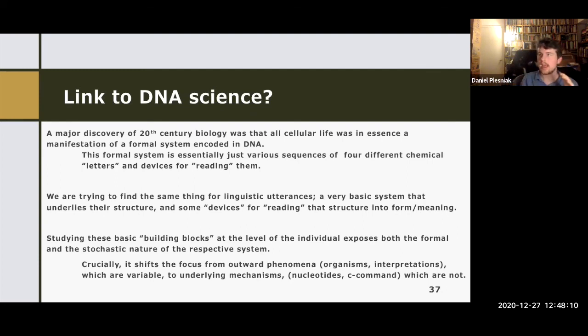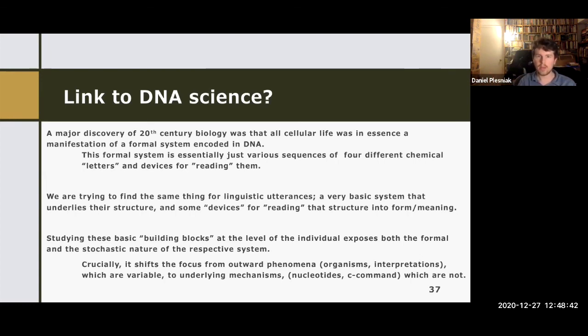And crucially, looking at, instead of the outward phenomena, the animals, the sentences, the interpretations, these very basic mechanisms, these structural, internal, external factors, or these nucleotides of DNA, C-command, that shifts our focus from this outward world with a lot of things to these few underlying mechanisms that can generate a huge range of variety and different types of surface manifestations of this formal system.